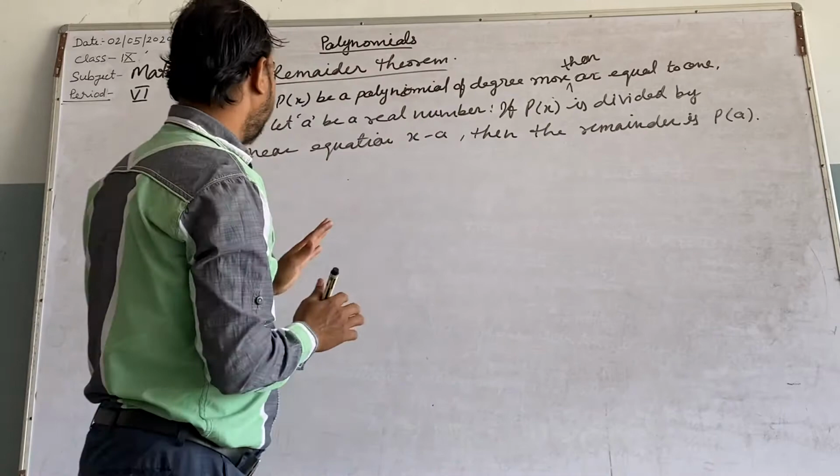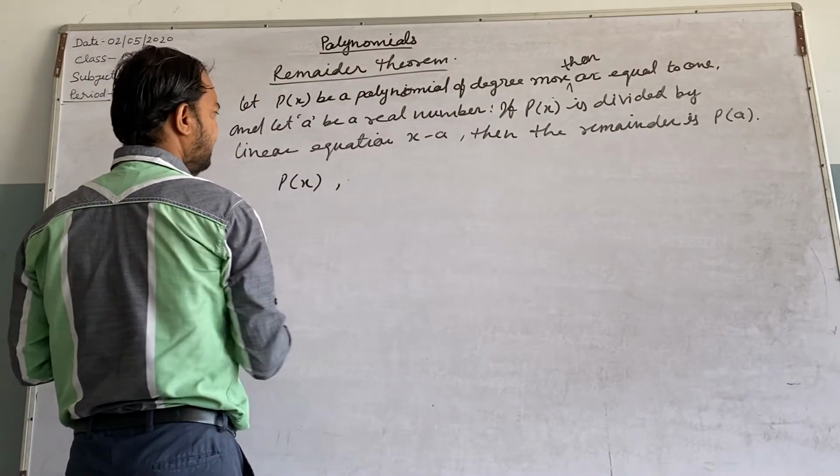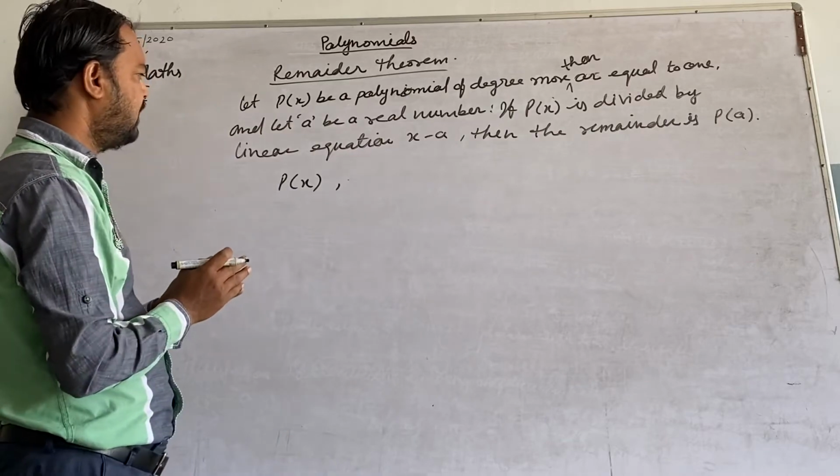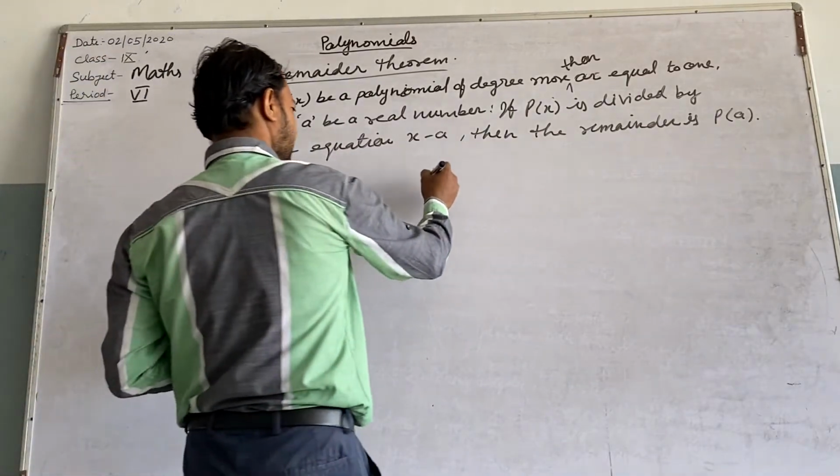It means if any polynomial is P(x), the degree of P(x) is always 1 or more than 1.